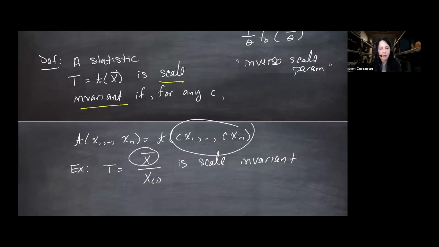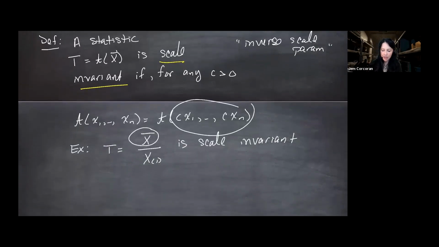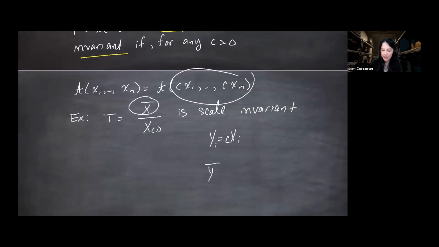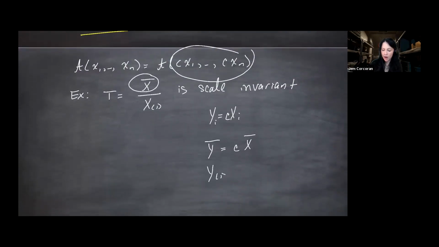Sorry about that. So then this is scale invariant because if you multiply everything in your sample by c, then your sample mean ends up multiplied by c. And, oh, this needs a c greater than 0. I didn't need that in the location case. But if c is greater than 0 here, then the minimum of all of the values multiplied by c is just the original minimum multiplied by c. So if I let yi be c times xi, then the sample mean for y is just c times the sample mean for x, and the minimum for y is c times the minimum for x.